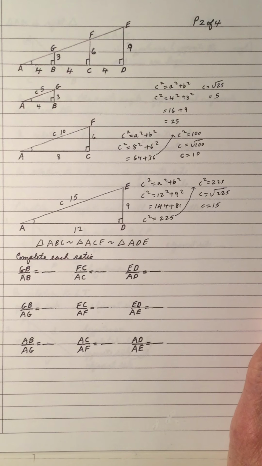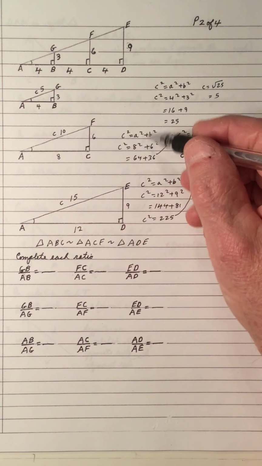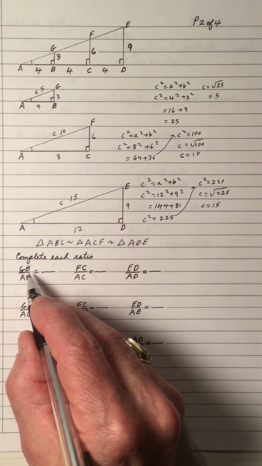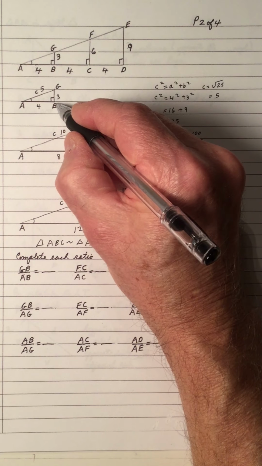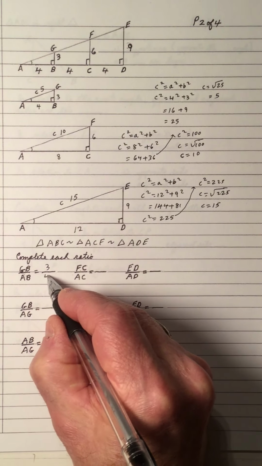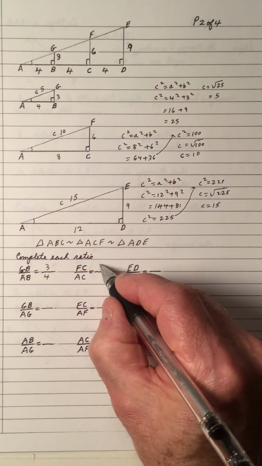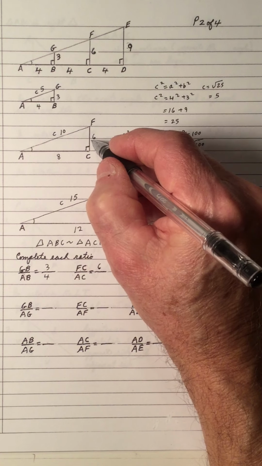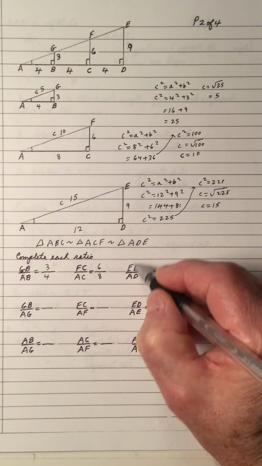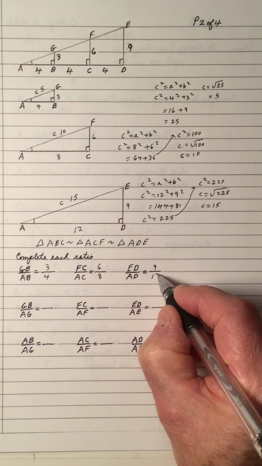Based on that, let's look at the ratios that we're going to find here based on the numbers that we worked out. Let's complete each ratio. GB is 3, AB is 4, FC is 6, and AC is 8, ED is 9, and AD is 12.